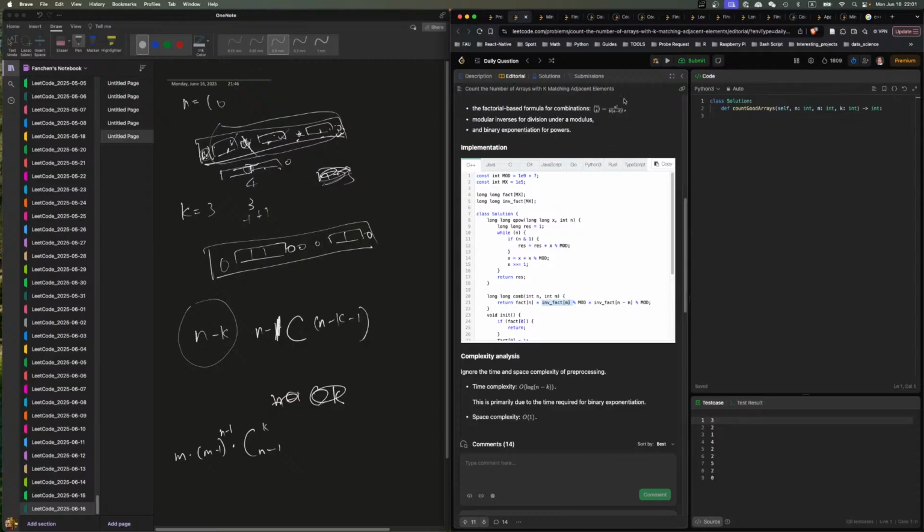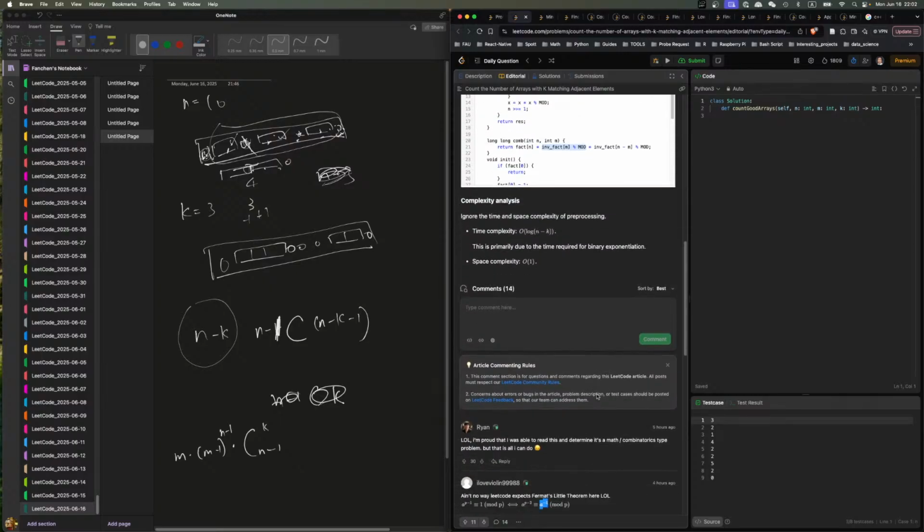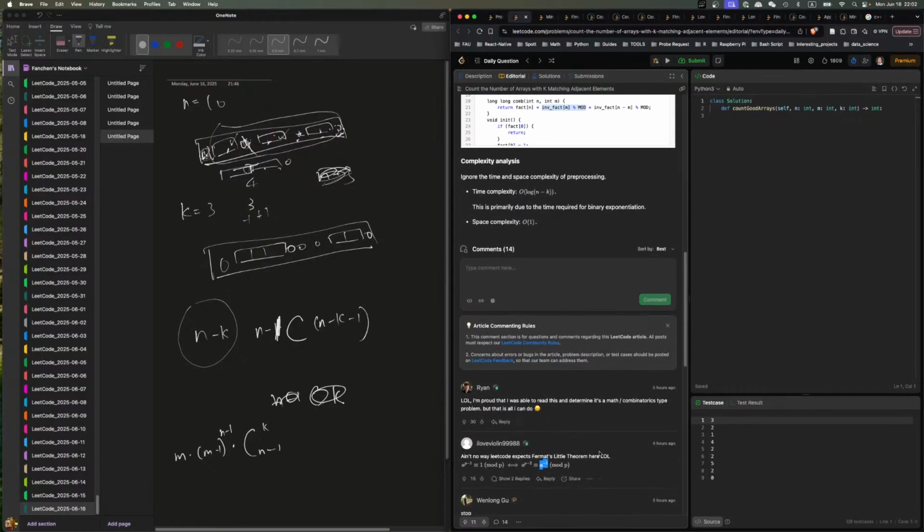How do I do that? I cannot do division. What I can do is n factorial times the inverse of m factorial, mod p, like this. Basically this mod p has the same value as this mod p, right?